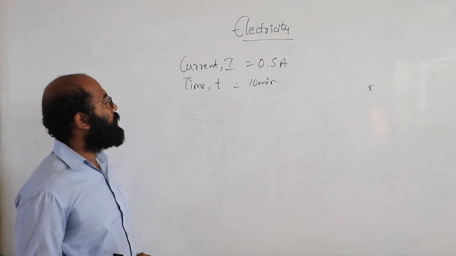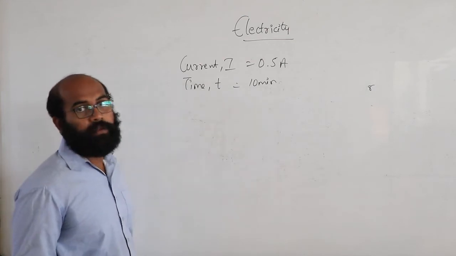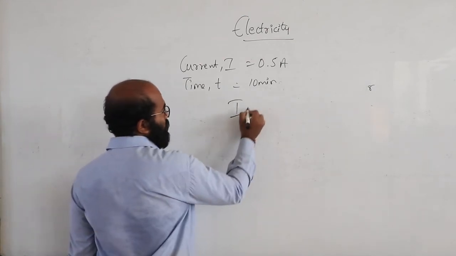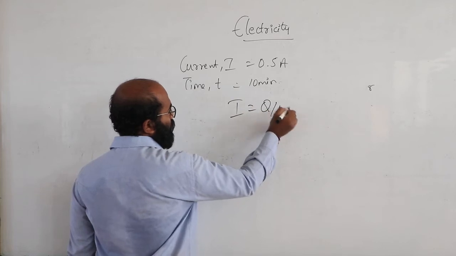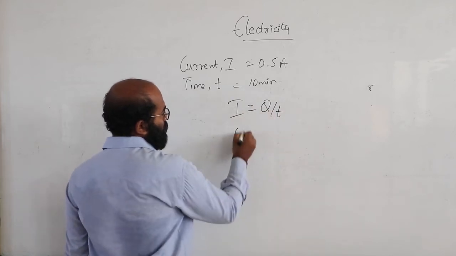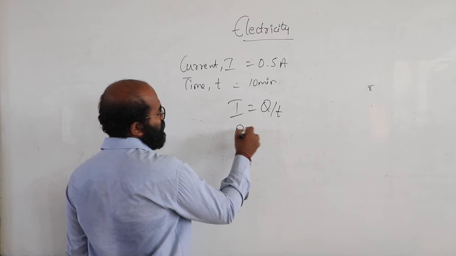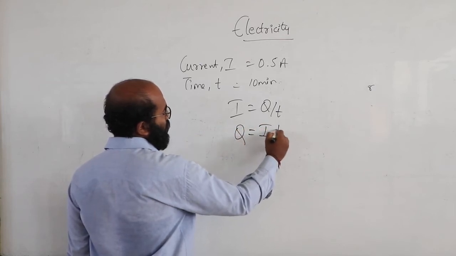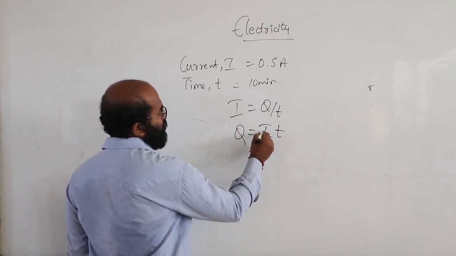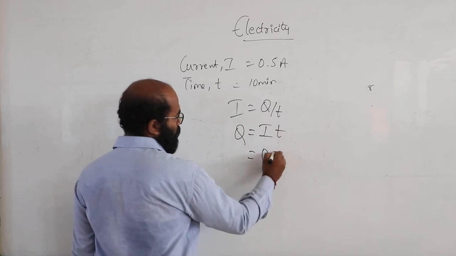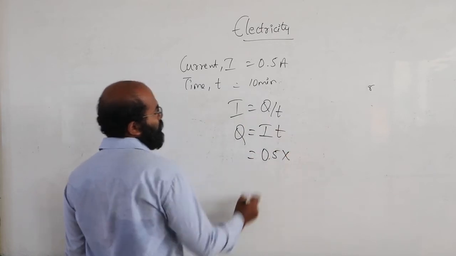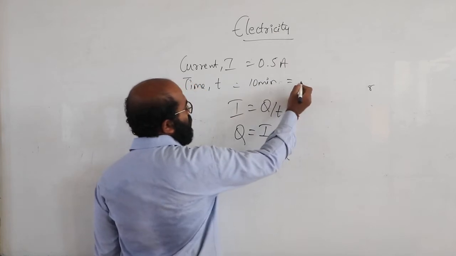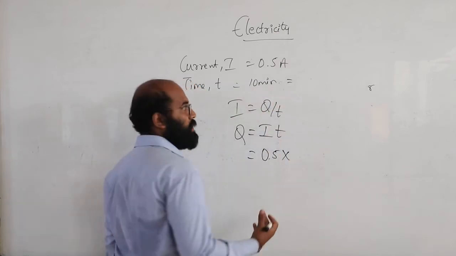So you know the current and time. So the relation is I is equal to Q by T. You need to find the charge, so Q is equal to IT. You know the current, that is 0.5. The time here is in minutes, so convert this into seconds.